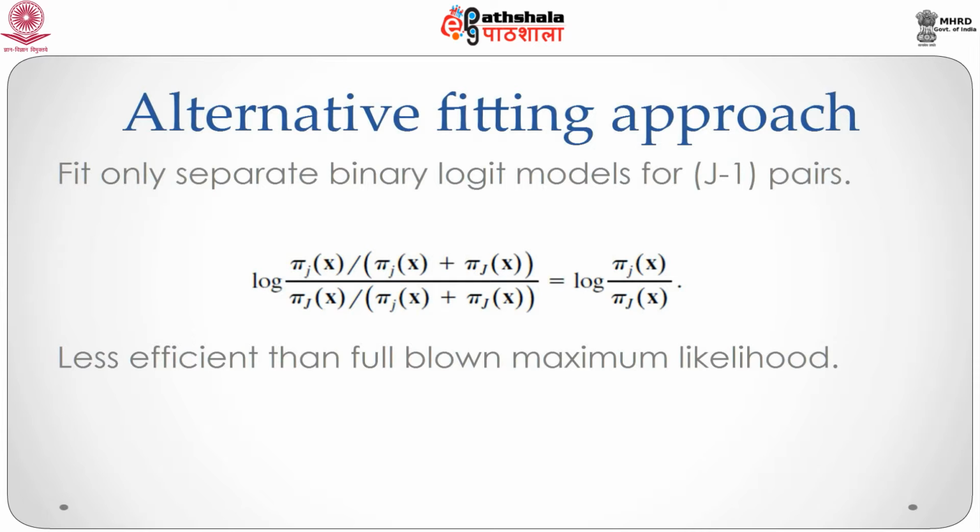So for instance, the jth baseline category logit is a logit of conditional probabilities, log of pi j of x divided by pi j of x plus pi capital J of x, over pi capital J of x divided by pi j of x plus pi capital J of x, which is equal to log of pi j of x by pi capital J of x. The separate fitting estimates differ from the maximum likelihood estimates for simultaneous fitting. They are less efficient and tend to have larger standard errors.